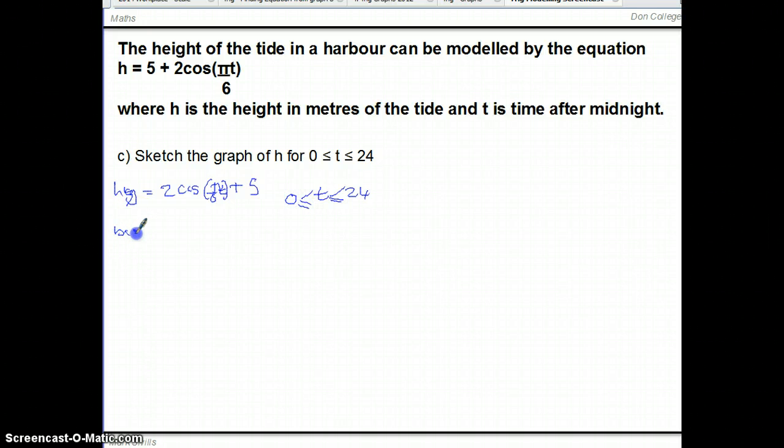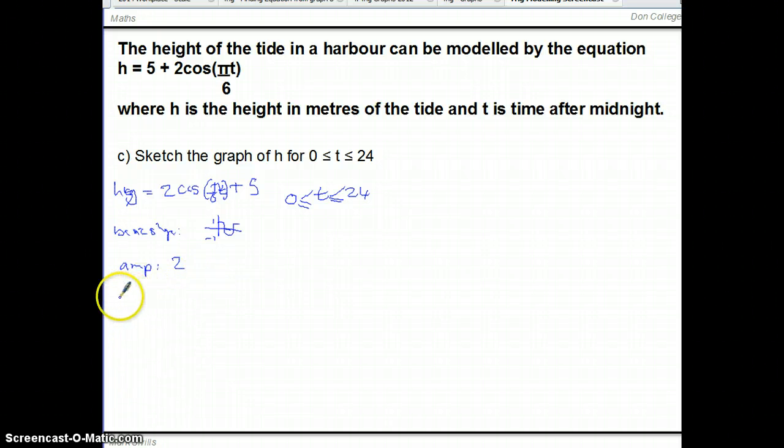Okay, basic shape we know is cosine is like that, between 1 and minus 1. So there's our basic shape. It's got an amplitude of 2, which is going to take it up to 2 and negative 2.